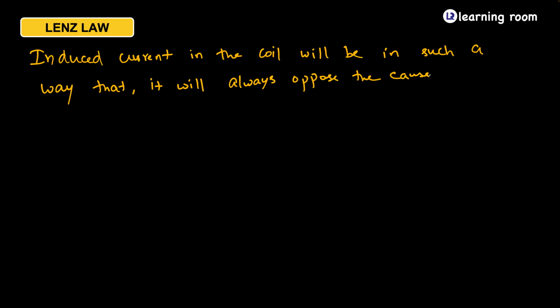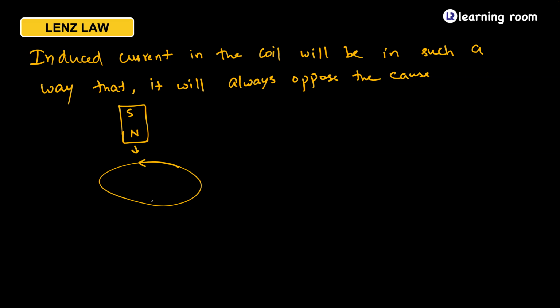In the sense, if I have a coil like this, let's say I'm having a magnet here, which has north pole and south pole. If you try to drop this magnet, right? So you're trying to bring the north pole closer, means you're trying to increase the flux. So what pole should get generated? There should be a north pole.